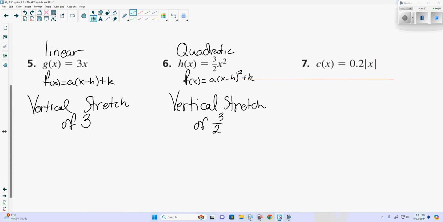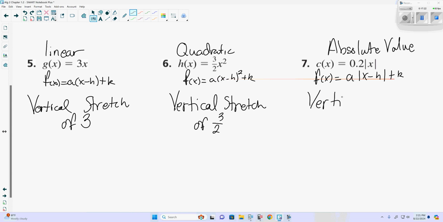And lastly, absolute value. Well, we don't have h and k again, but we do have a value for a, which is 0.2. Is that between 0 and 1 or greater than 1?